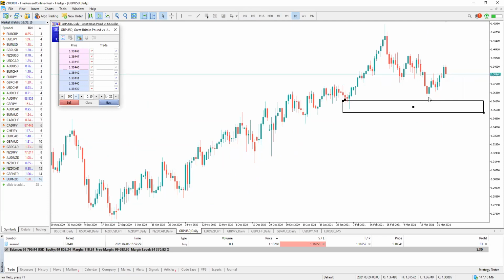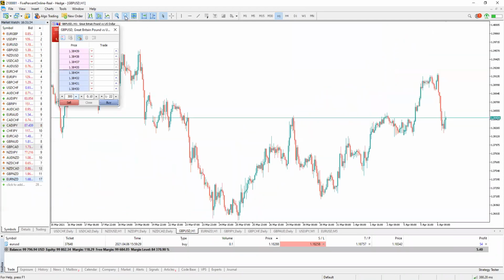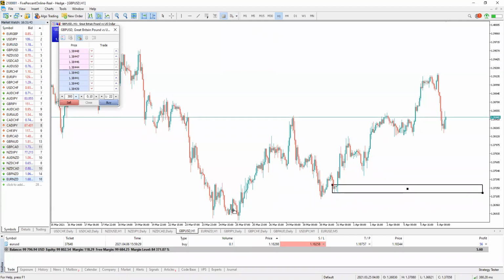We pushed lower, and then we failed to follow through to the downside. So this might be forming a reversal on the daily. But if we zoom in again, we see supply forming. There's also some demand in case prices go down, to stop that drop.